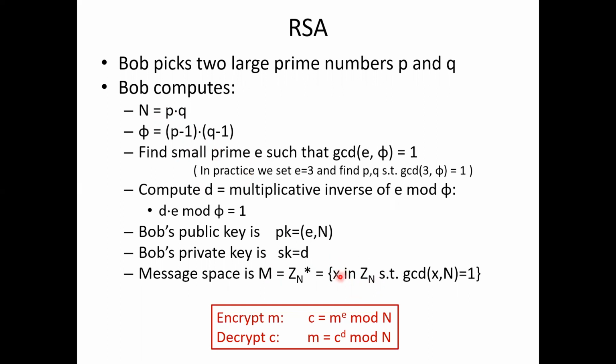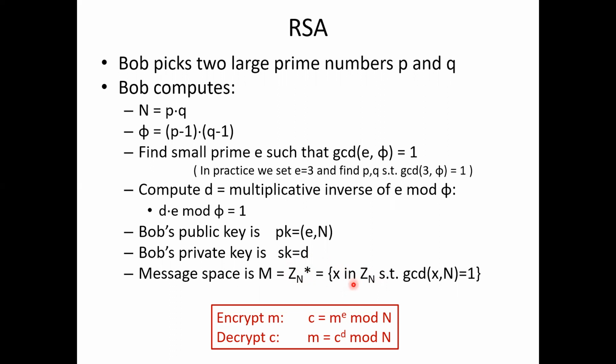However, finding these multiples is equivalent to factoring. So if you find me a message that I cannot encrypt with RSA, you break RSA. So in practice, it doesn't matter. Finding these x which are in Zn but not in Zn star is just as hard as factoring.